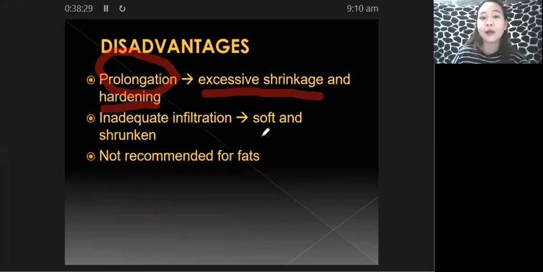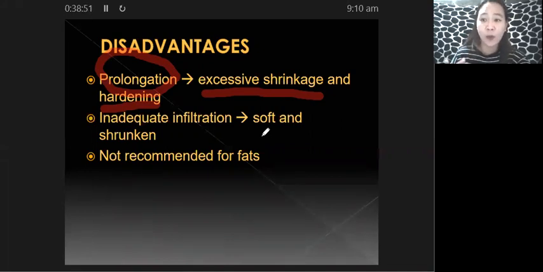Remember in our post lab I mentioned that even if we do not consider prolonged immersion, one of the consequences of immersing your samples in melted paraffin is that they will become hard and brittle.